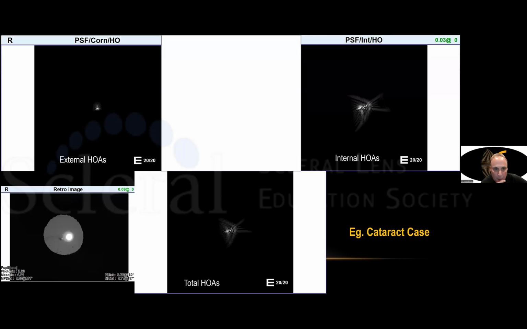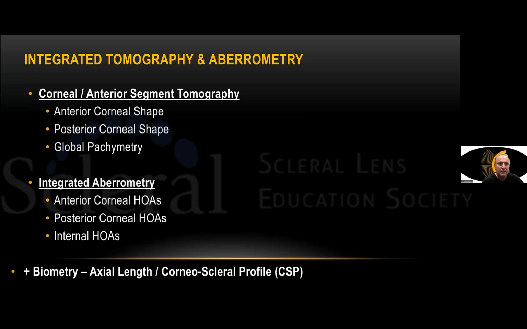And we can see here an example of a patient who has, again, cataract, very low degree of external high order aberrations. Internal aberrations is pictorially represented in the point spread function, as you can see, and the total is very similar to the internal. So that's a cataract case.